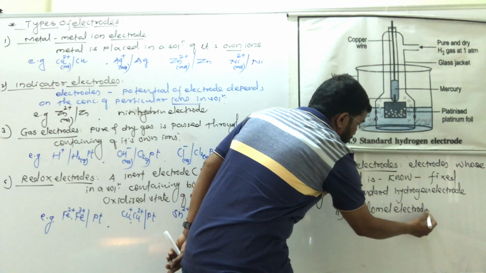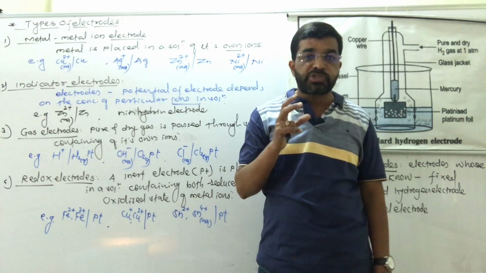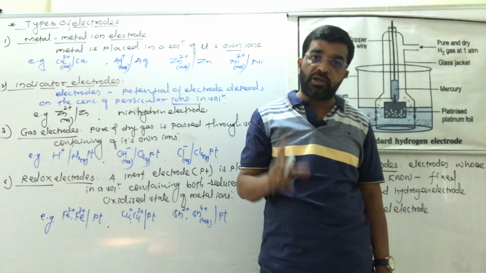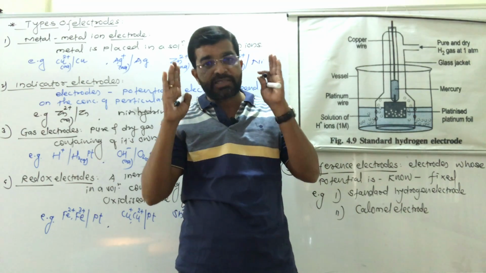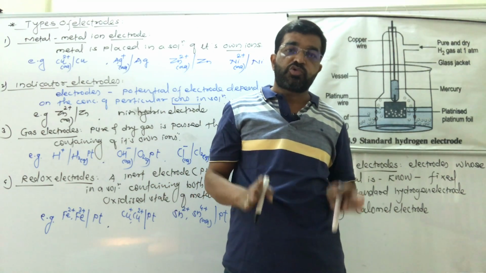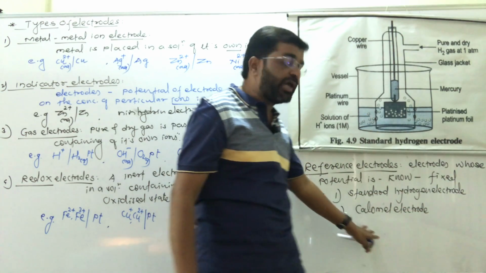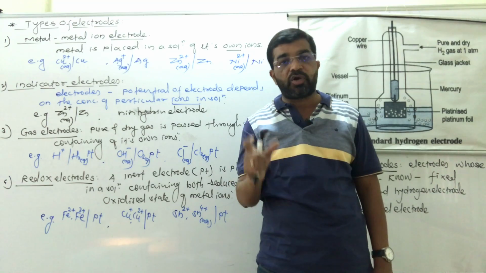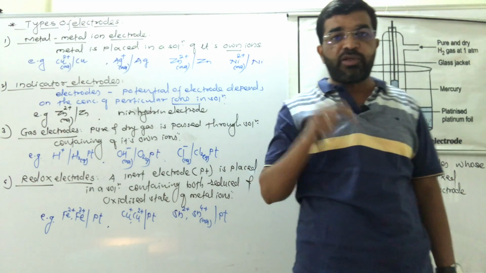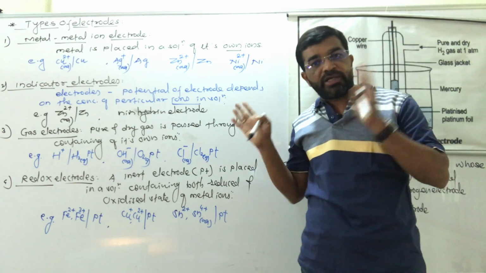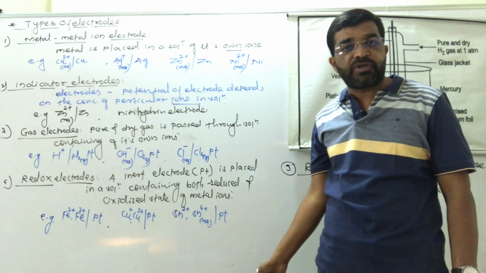The potential of the standard hydrogen electrode is already known, arbitrarily fixed. So it is a reference electrode. As well, the potential of the calomel electrode is known at different concentrations of KCl. So its potential is already known and fixed, and therefore it is a reference electrode.